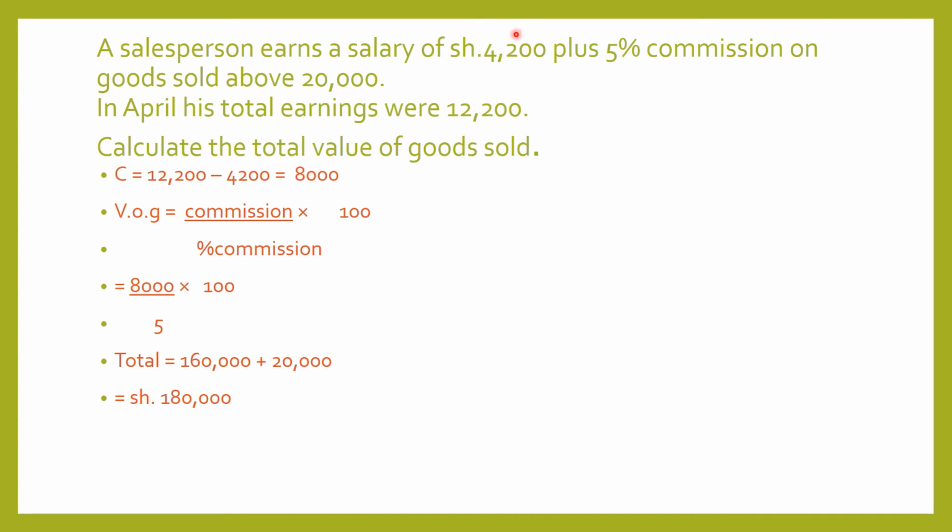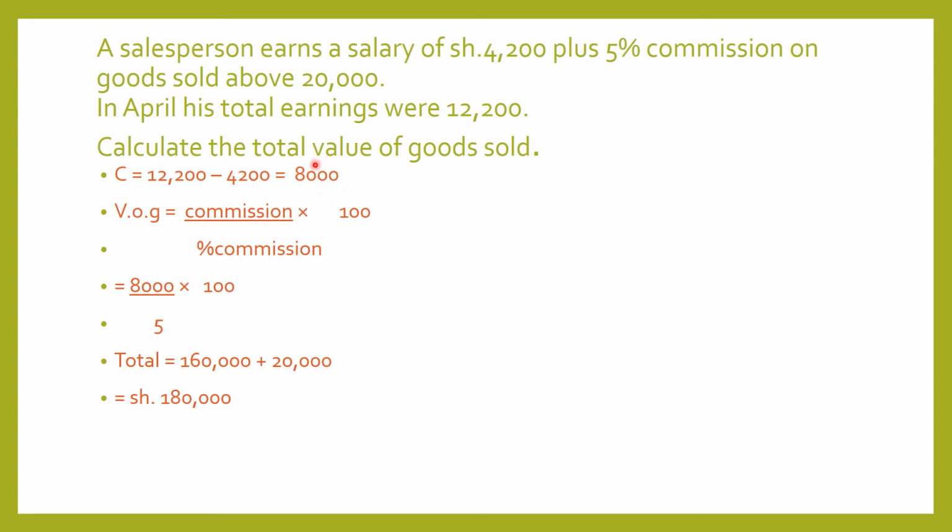How will you find the commission? You subtract the basic salary from the total, to find the money that was added apart from the basic salary, the money on top. That is the first thing you should be doing. Whether you are finding percentage commission or value of goods sold, first find the commission. So 12,200 minus 4,200, you'll get that the commission was 8,000.